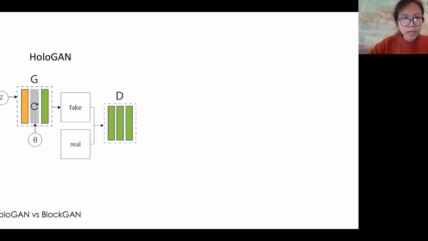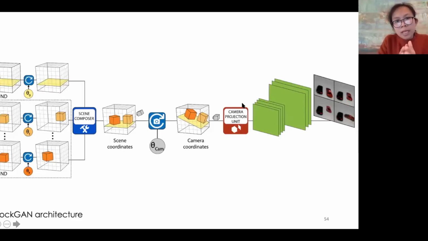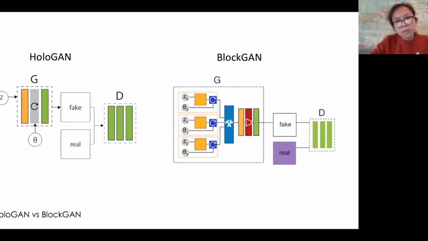So this is BlockGAN. Compared to HoloGAN, where we only have one monolithic representation of the scene, when we move to BlockGAN, we make an extra assumption that this 3D scene, this 3D representation that you see, is actually made up of multiple objects that have their own appearance and their own pose.